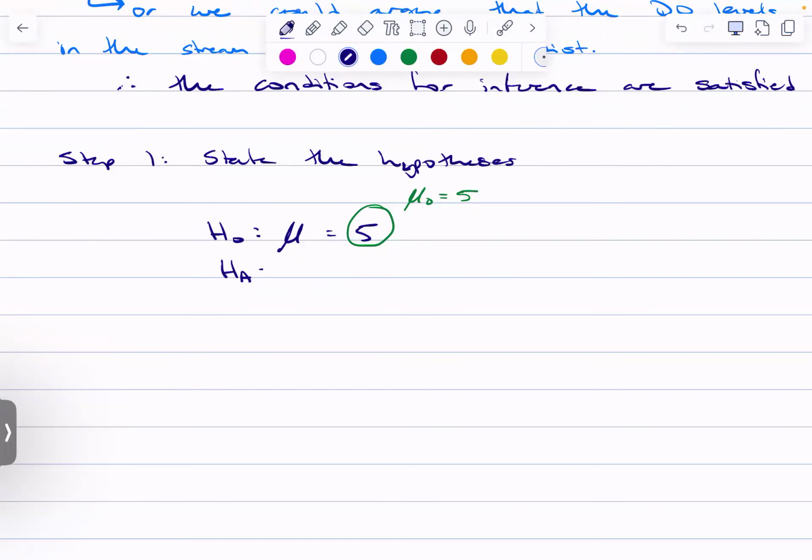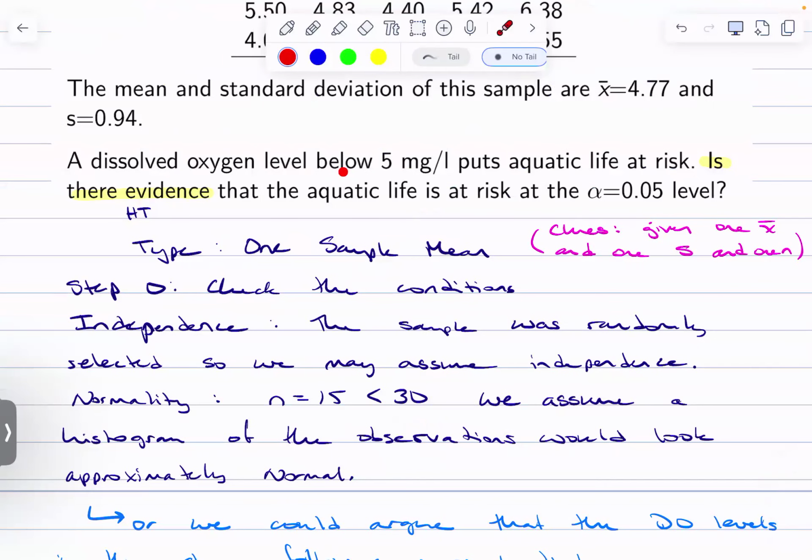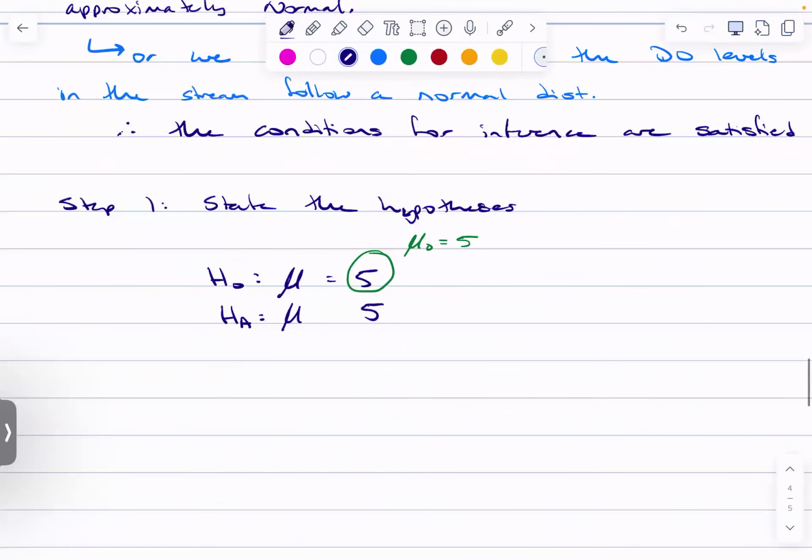My alternative hypothesis has to be about mu and how it compares to 5. And then the sign here, which we've had some good practice with: if it's below 5, then we're in trouble. That puts the aquatic life at risk. And then we want to know if the aquatic life is at risk. So less than 5.